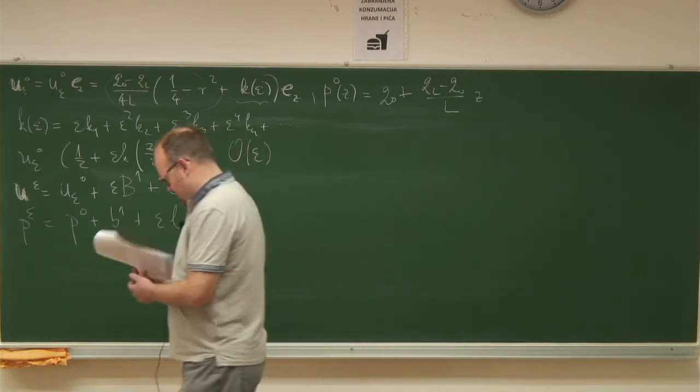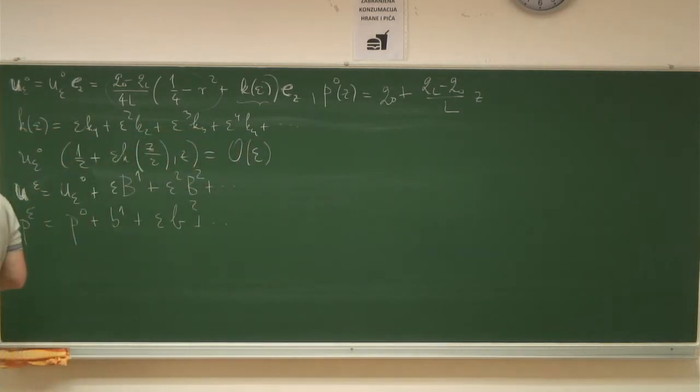Okay. And now the idea is to put this into the governing system, which has been written in cylindrical coordinates, which has been written in dimensionless form. So we have explicit Reynolds number in the equations, and to consider this boundary condition.